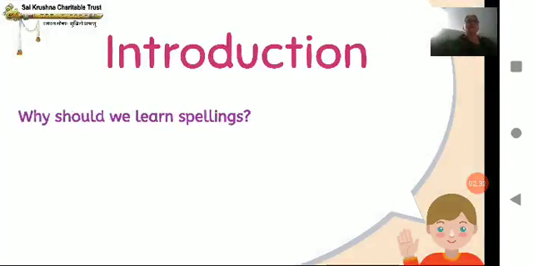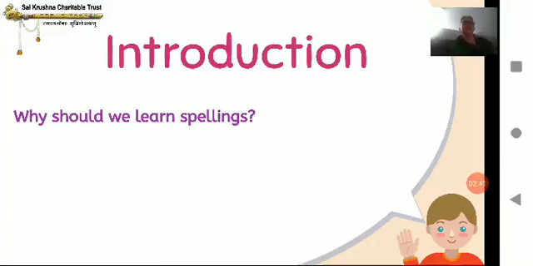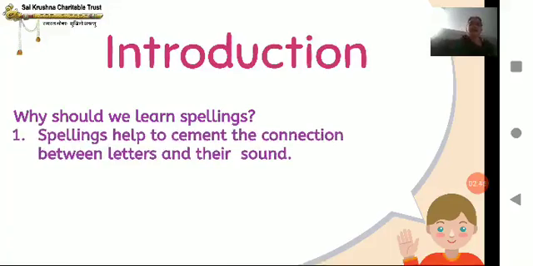Now in the next part in introduction, why should we learn spellings? Whichever language it may be, they are very important. Spellings help us to cement the connection between letters and their sound.